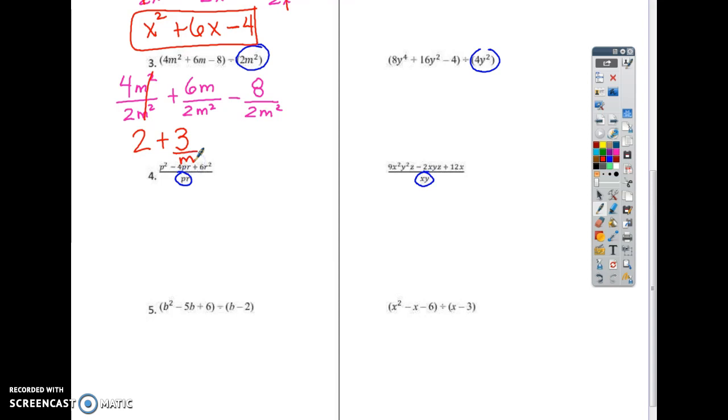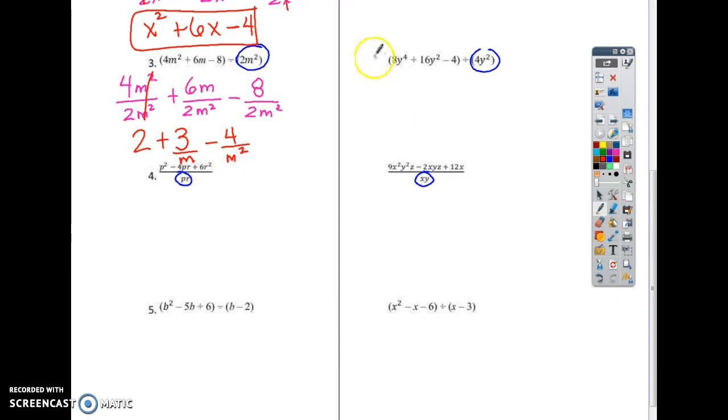Okay? What's negative 8 divided by 2? Negative 4. How many m's do I have left over? 2. At the top or at the bottom? The bottom. Okay, so that's your answer.